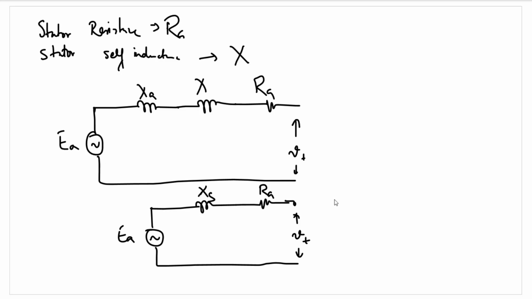X was the self-inductance of this coil. XA was the effect of the armature reactance. We saw that because of the nature of current in the armature, a magnetic field is produced. That magnetic field induces another voltage in the armature that will oppose the actual voltage generated in the armature windings. So XS here is the combination of these two reactances, and it is known as synchronous reactance.